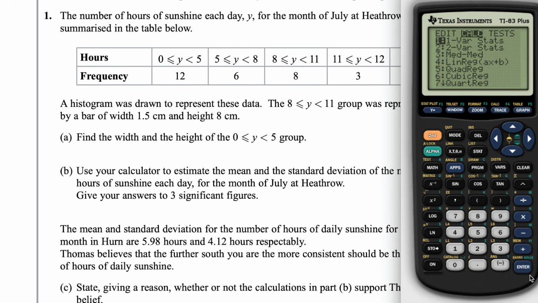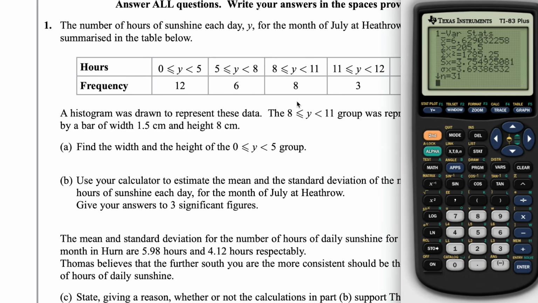So we want the 1 vars stats, press enter, and then we want to put the lists in. So we've got list 1, and see these little L1, L2 down here. Separate those with a comma, and then we just press enter, and it's going to give us our statistics. So that mean there is the mean for this data, and this sigma x is the standard deviation.